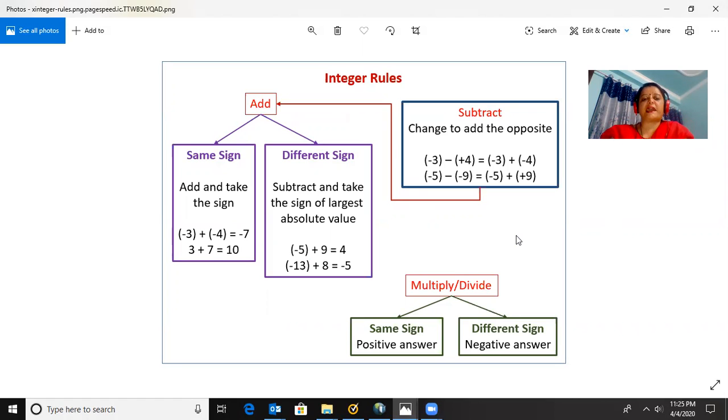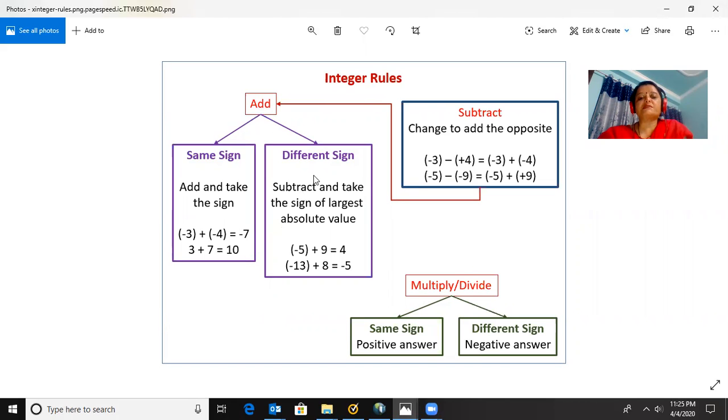If we have to add 2 integers, there are 2 categories: one is same sign and one is different sign. If they are of the same sign, we will add them and take the sign also. If it is -3 and -4, both are negative, it will give you -7. If both are positive, simply you will add them. 3 plus 7 gives you 10.